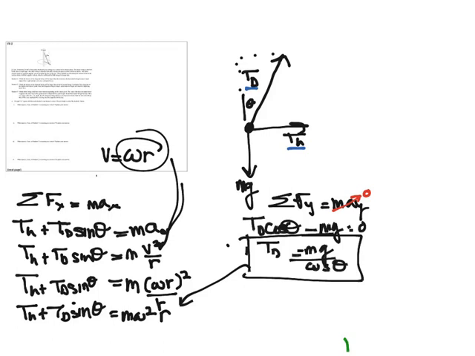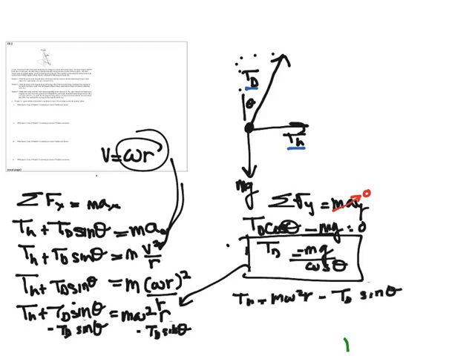First I'm going to subtract TD sine theta from both sides. And I have TH equals m omega squared r minus TD sine theta.